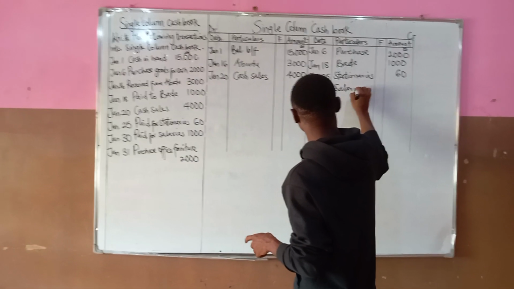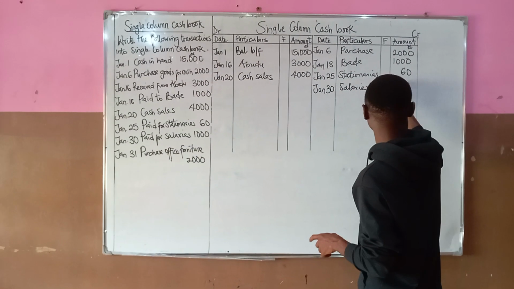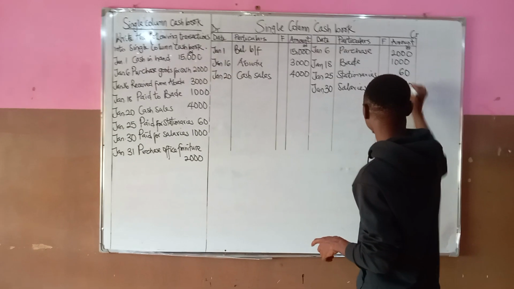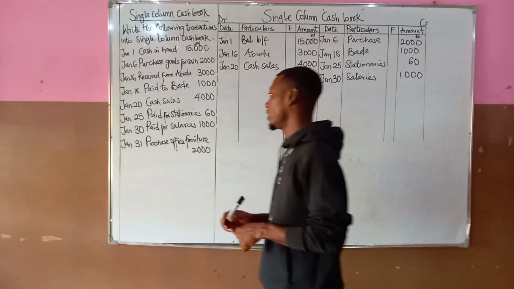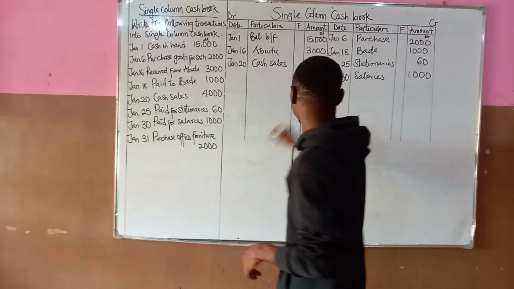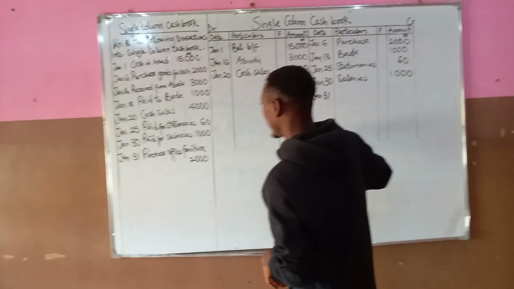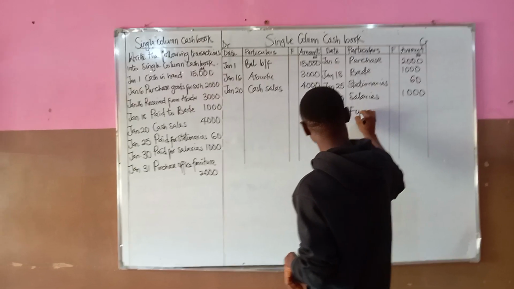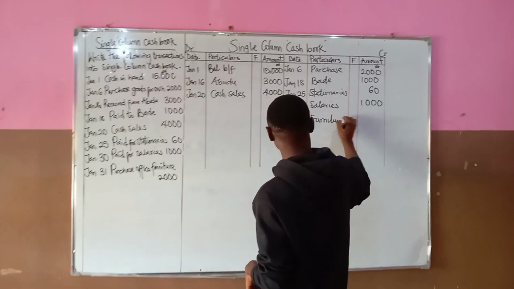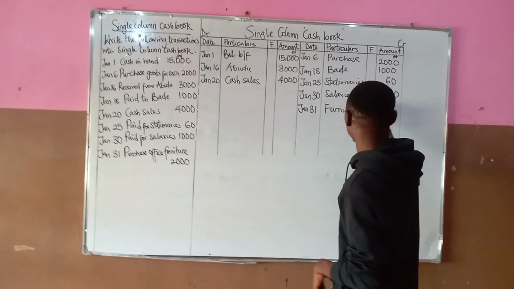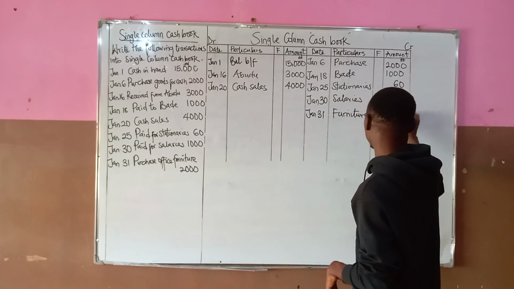So we have salaries, and our salary is 1,000. Then we have January 31st, purchase office furniture. Purchases is also an expense, so it goes into the credit side. So I have furniture as my particulars, and the amount is 2,000 naira.